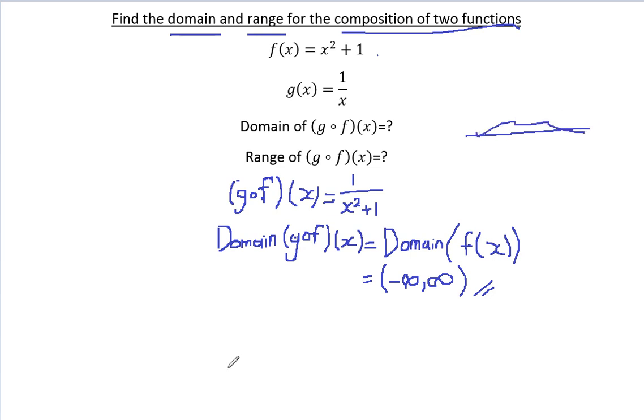So when x equals 0, g(f(x)) equals 1. For the y-intercept, when x equals 0, y equals 1. When y equals 0, there is no value of x. So therefore y can never be 0.